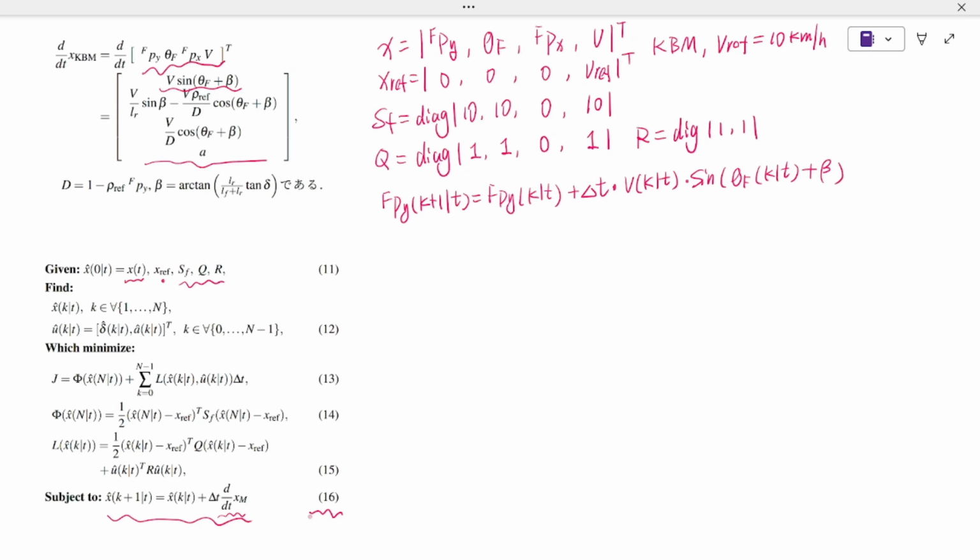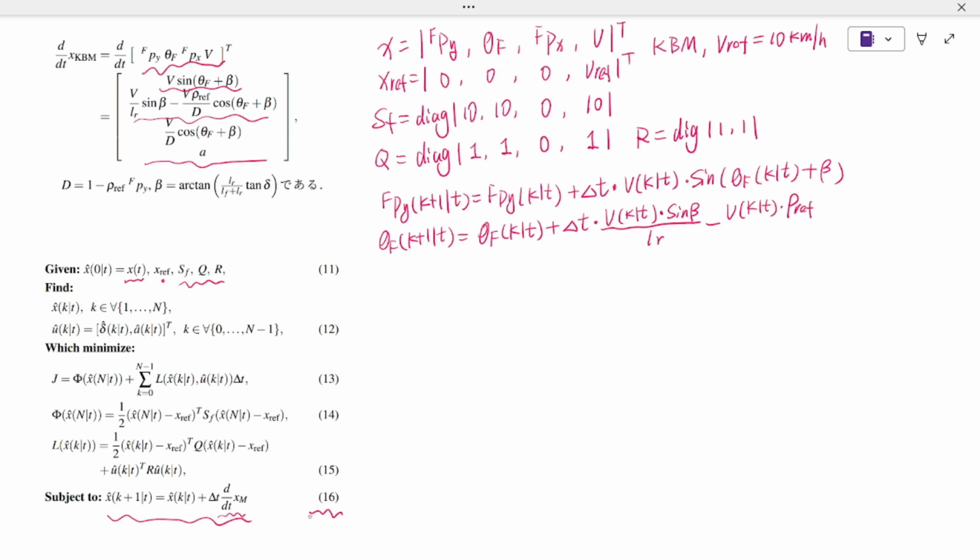All right. Next is theta f k plus 1 given t equals theta f k given t plus delta t times this equation for theta f: v k given t times sine beta over lr minus v k given t times rho ref.